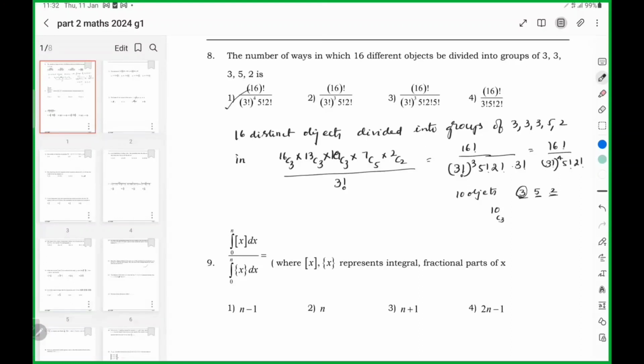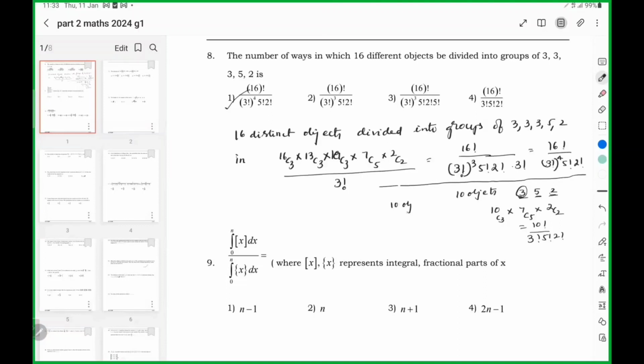The first group elements can be selected in 10C3 ways. Remaining 7 are there. From 7 you have to select 5 distinct elements for the second group, and 2C2. After simplification, this is only for understanding purpose. This is in no way related to the problem.